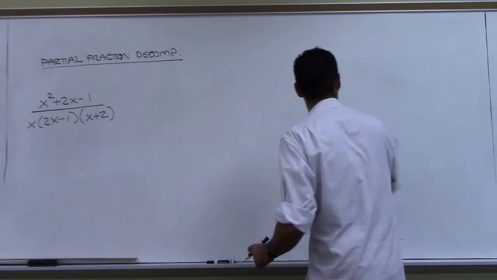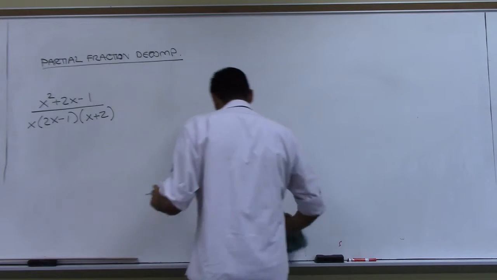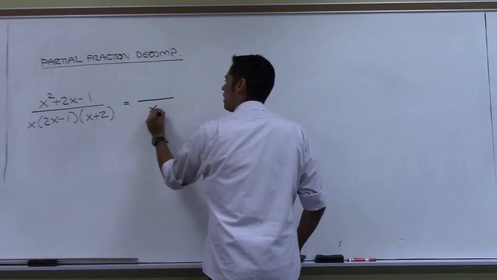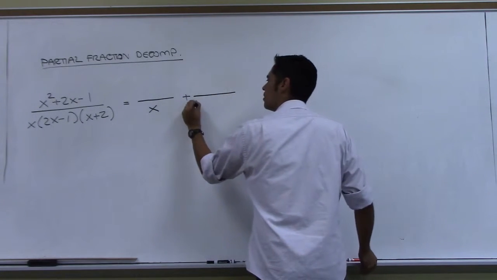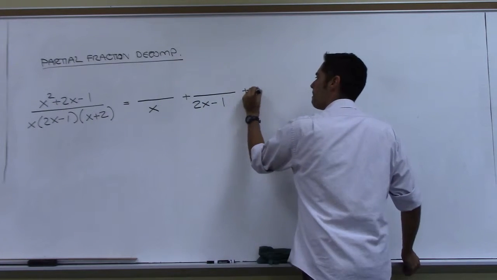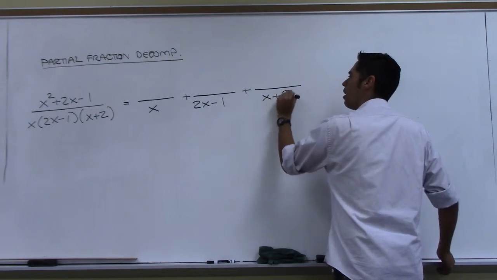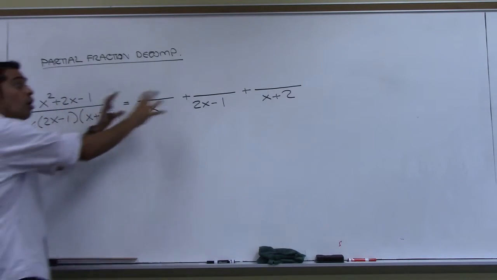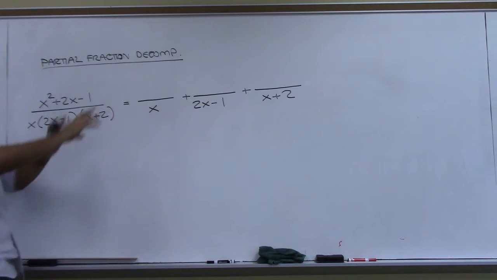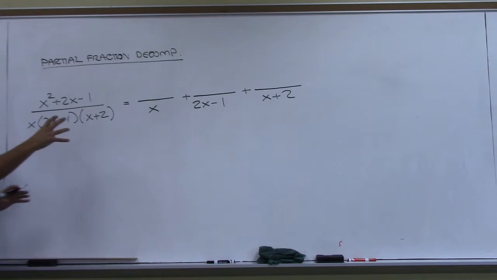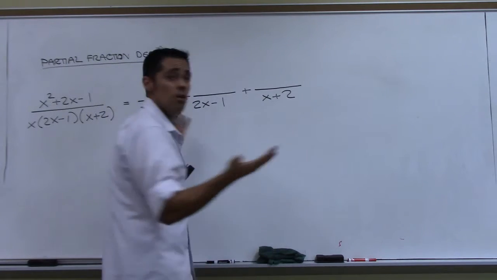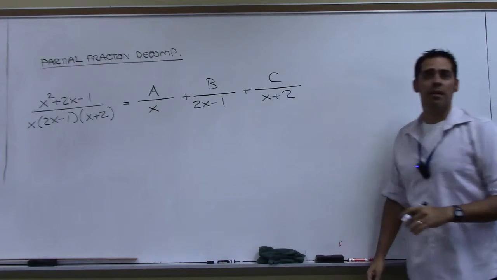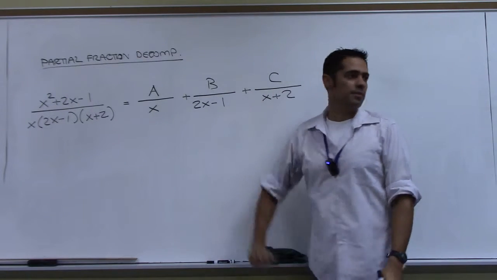And so I know from my experience with partial fraction decomposition in pre-cal that each linear factor is going to appear in my answer when I split it all apart, right? If I'm able to decompose this fraction into its parts, partial fraction decomposition, then this should be a number which I don't know right now. And this should be a number which I don't know right now. And this should be a number which I don't know right now, which I'm going to call capital A, capital B, and capital C.